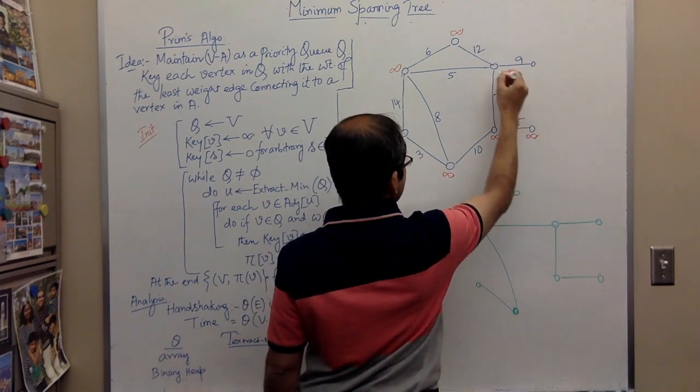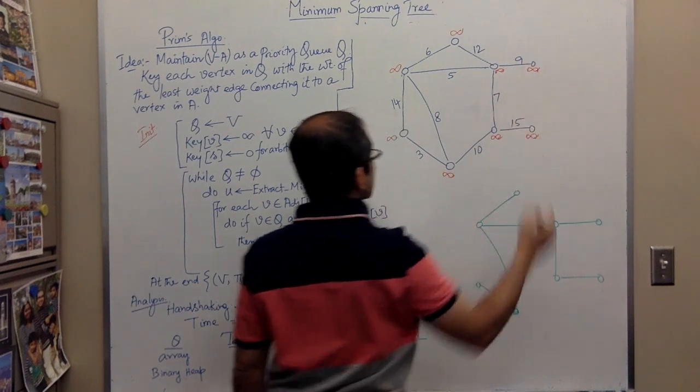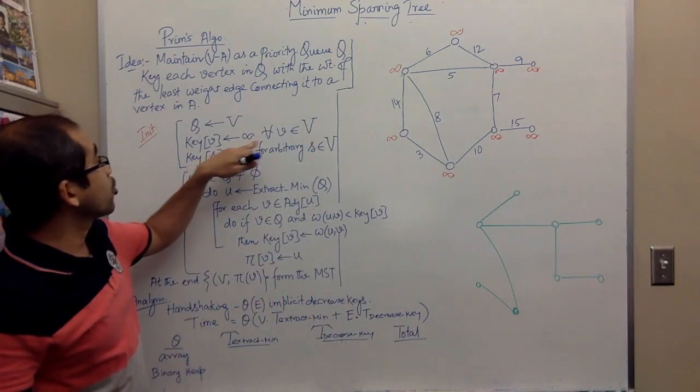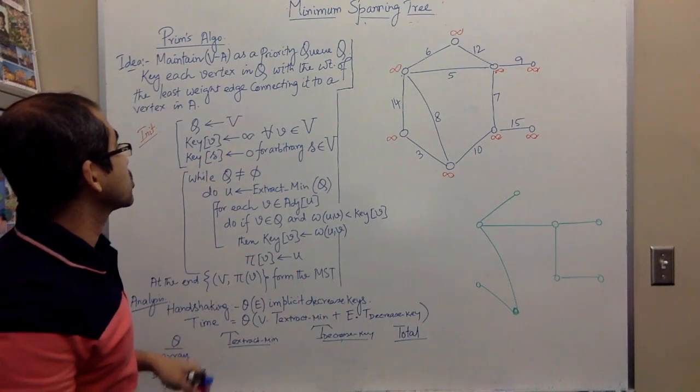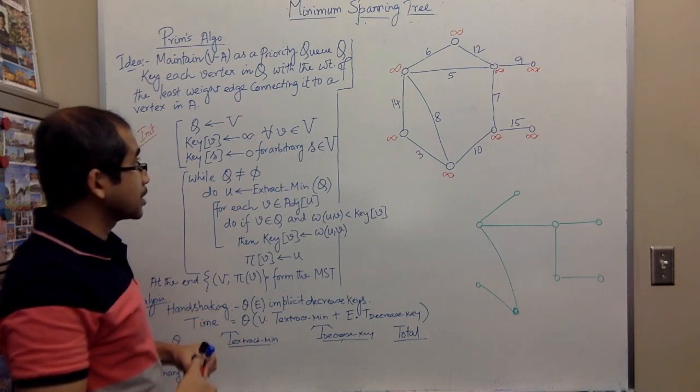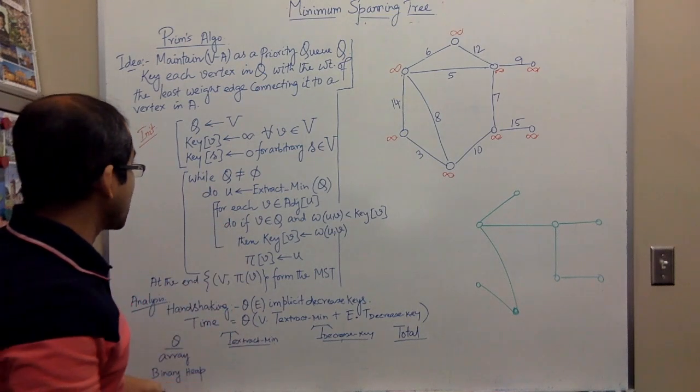So these are the vertices in the graph, and these are all set to infinity. This is this step, for all small v belonging to capital V, that means all vertices belonging to the set of vertices.